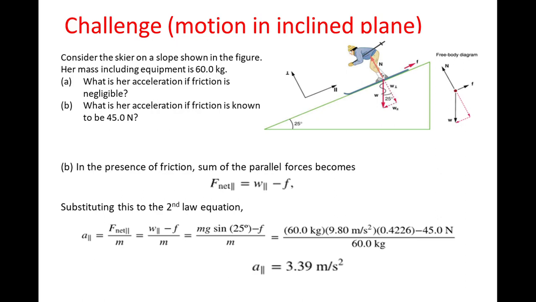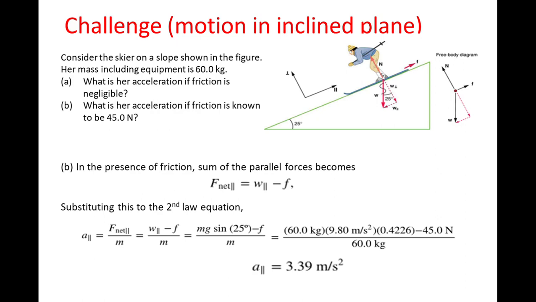Now, in the presence of friction force, the net parallel force acting on the skier is just the vector sum of the parallel component of the weight and the friction force. Notice that the friction is indicated as negative. This is because the direction of the friction force is always opposite to the direction of the motion.